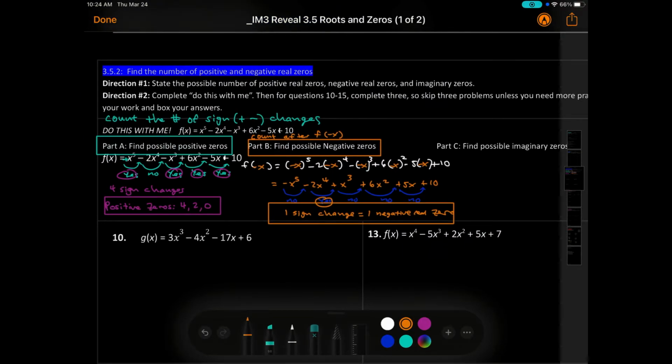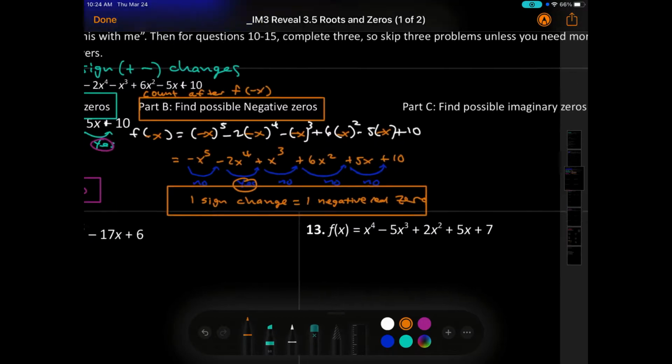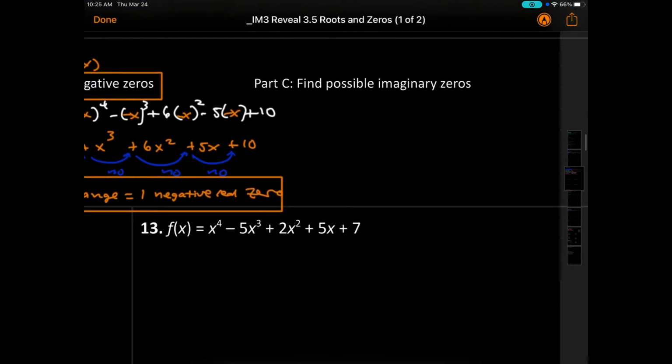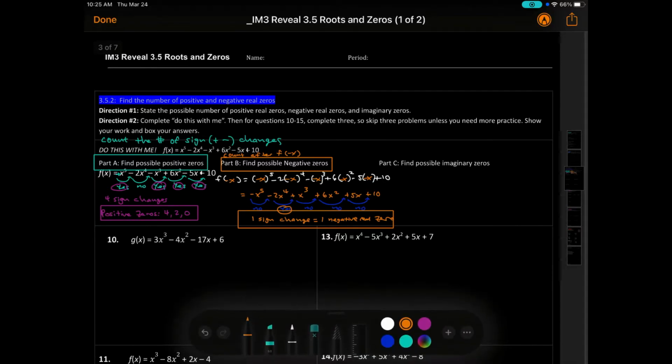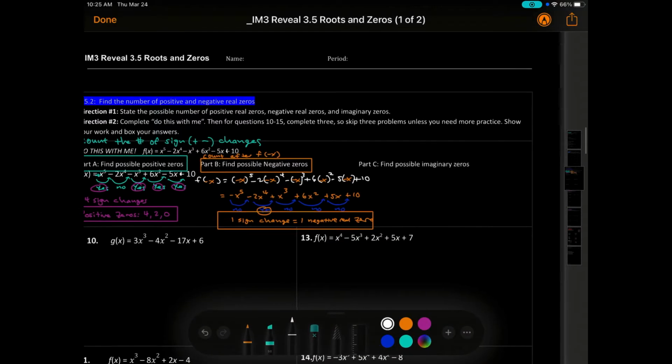Okay, so what we've done so far is we've taken this polynomial and we're trying to figure out the possible positives. So we looked at the positive sign changes, then we looked at the possible negative zeros by putting in negative x. And now we're going to figure out how many possible imaginary zeros, okay? So let's put up a chart here.